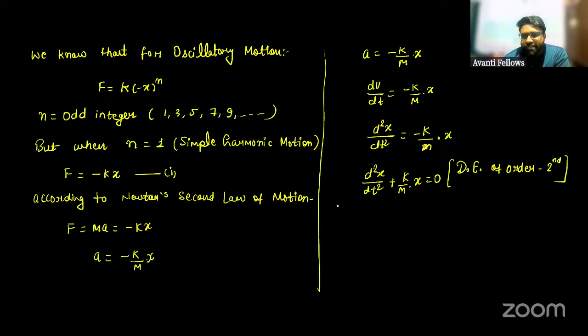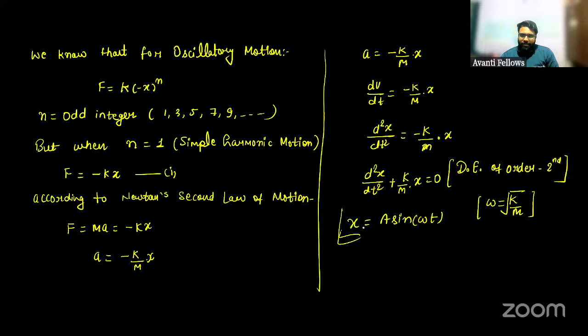When you solve this equation, you will find that x is coming out as a sine. The solution of this is a sine omega t or a cos omega t. ठीक है, यहाँ पे omega is nothing but square root of k by m. ठीक है. So from here this equation arises.